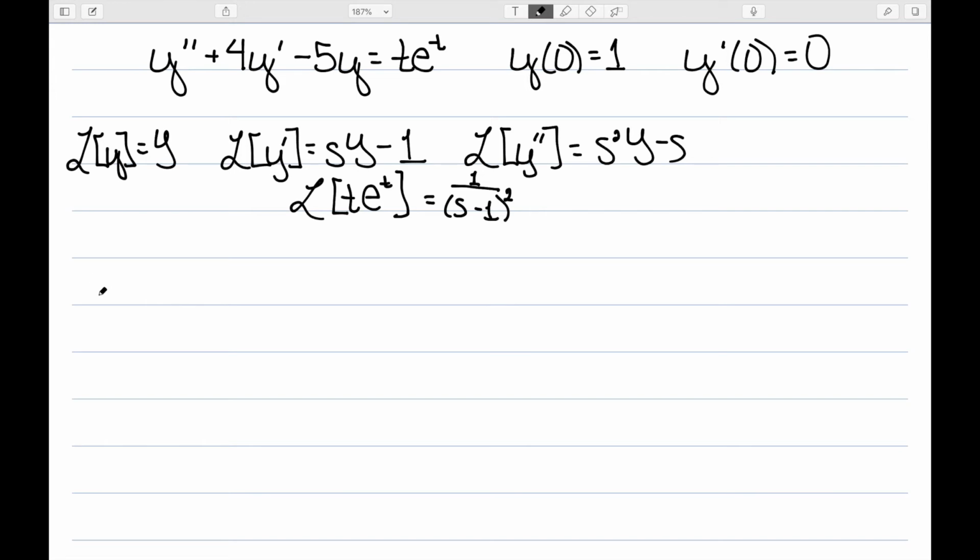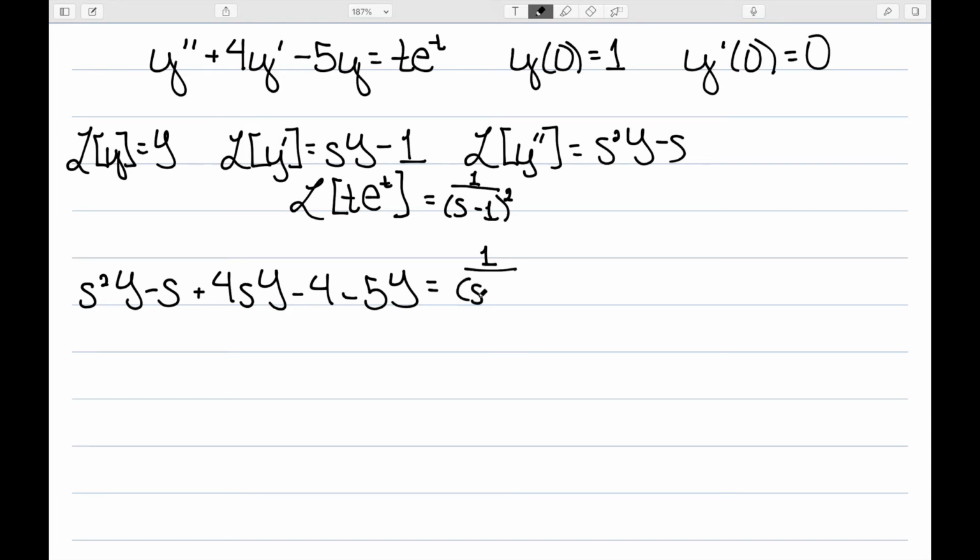When I rewrite, I have y double prime plus 4y prime, so that gives me plus 4sY minus 4 minus 5Y is equal to the transform of t e to the t, which is 1 over s minus 1 squared.